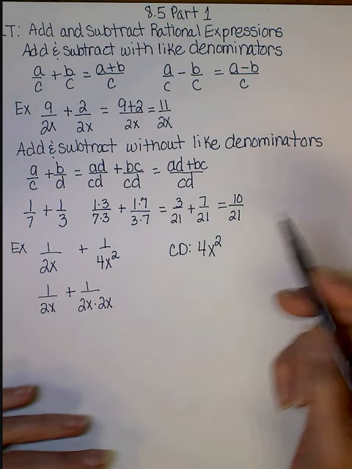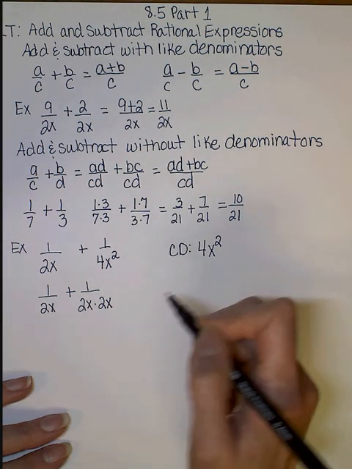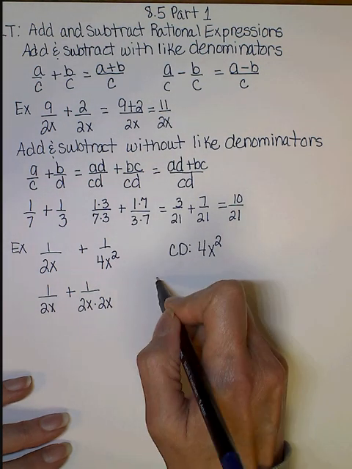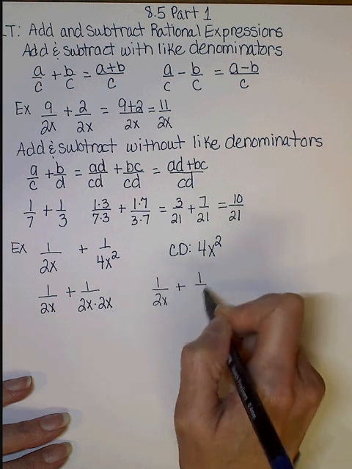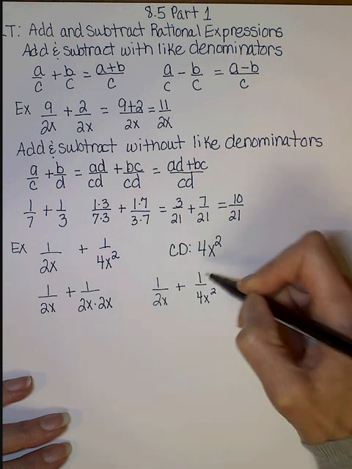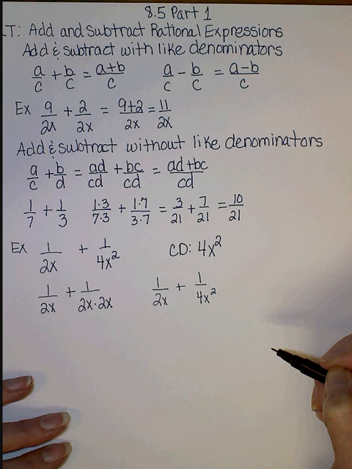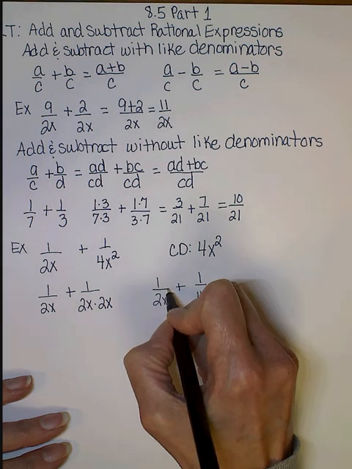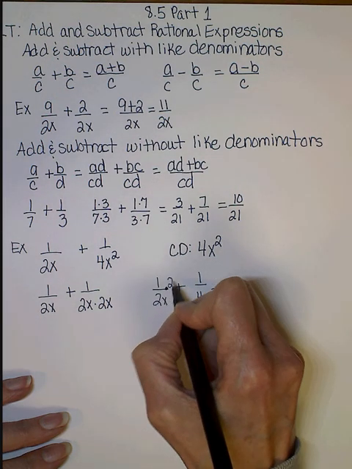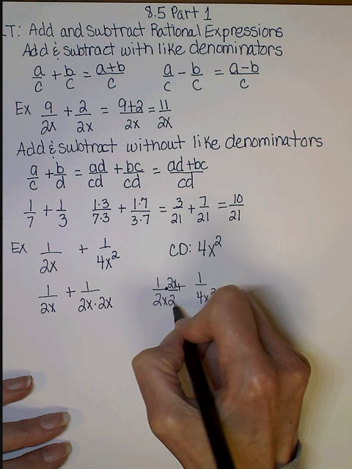Alright, so let's go back, and I'm just going to start over here. Now, this fraction right here already has my common denominator, so I don't need to do anything, but this one needs me to multiply top and bottom by 2x over 2x.